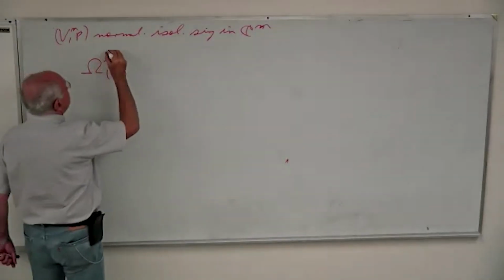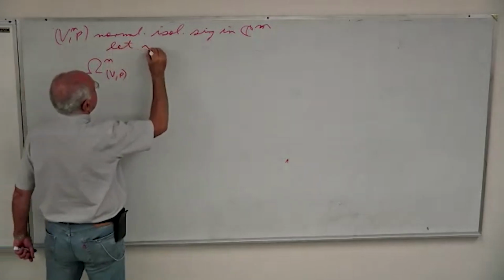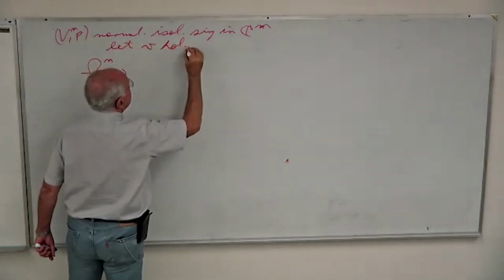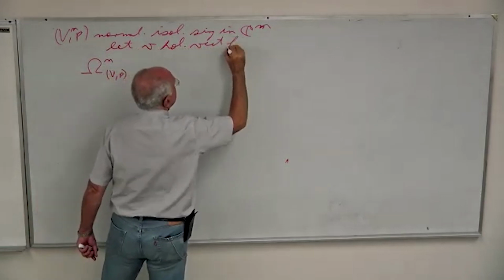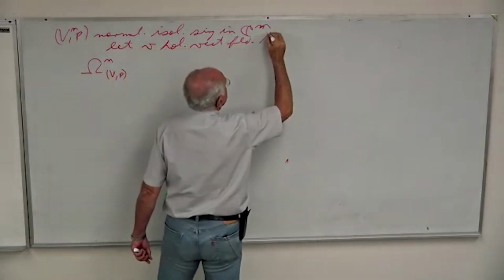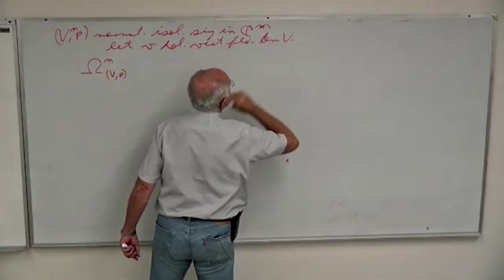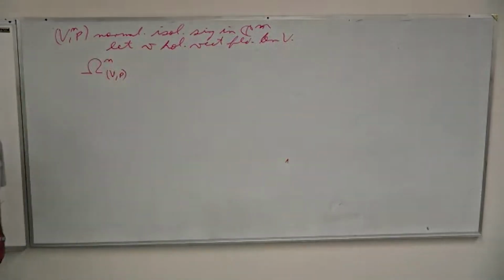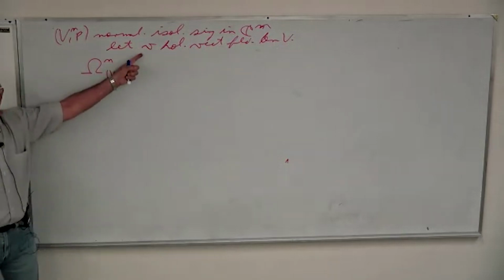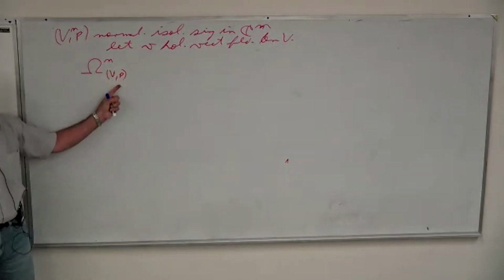And assume let V be a holomorphic vector field tangent to V with an isolated singularity at P. Now take the holomorphic n forms at V. You have a holomorphic vector field, you can take the contraction.